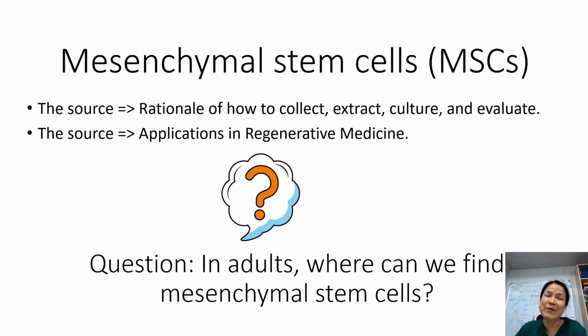If you remember the workup question for this session, I asked you to brainstorm and find out in adults where we can find mesenchymal stem cells. It's not only in the embryo.